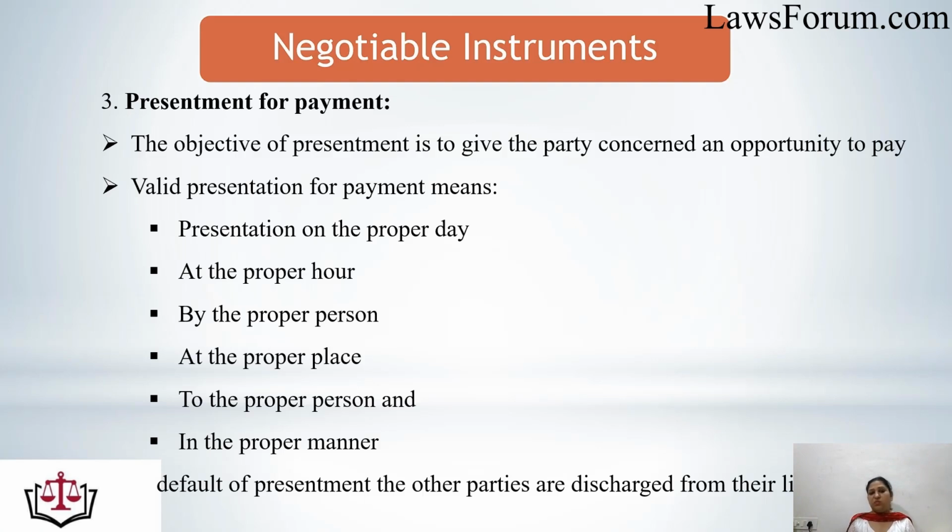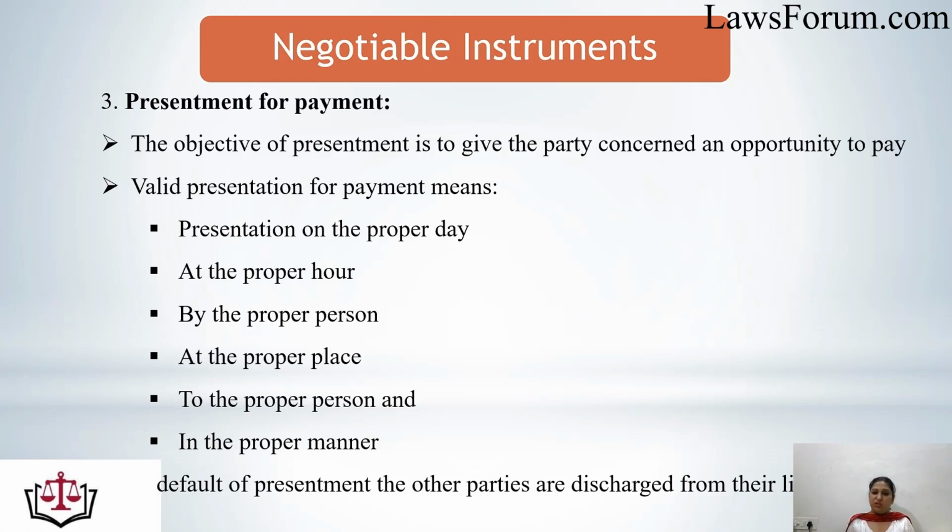If any hour or any time was mentioned on the bill of exchange to pay, then it must be at the proper hour, and it must be done by the proper person, that means the person who was liable to pay, at the proper place. It may be some specified place, or in absence of a specified place, it may be the business place of the party, or in absence of the business place, some residential place, to the proper person and in the proper manner.